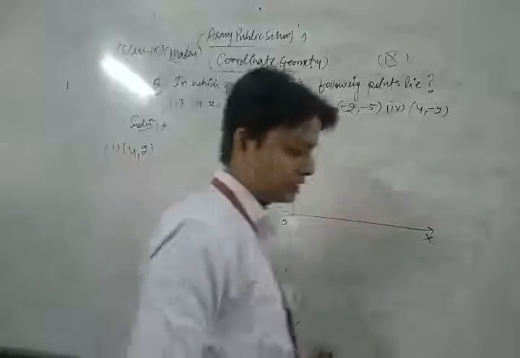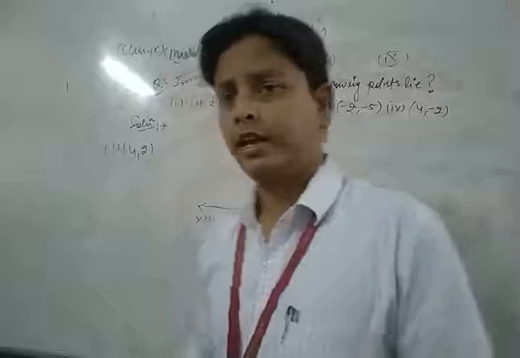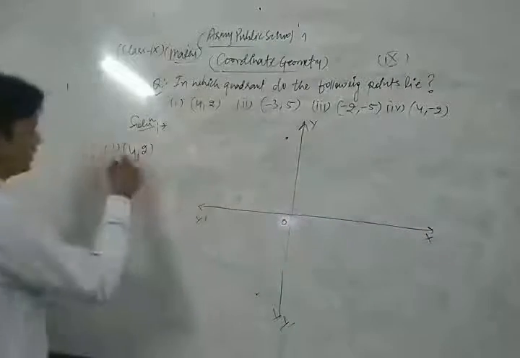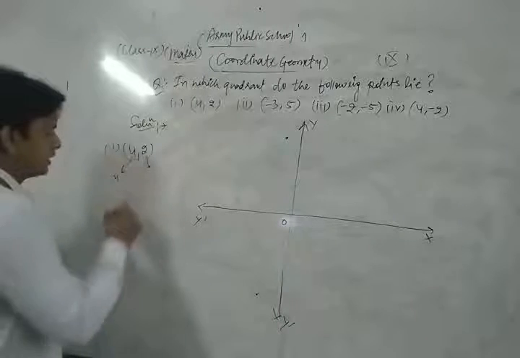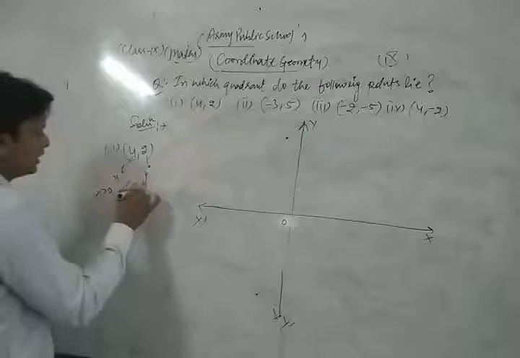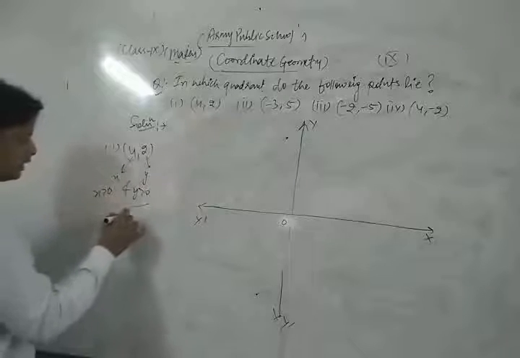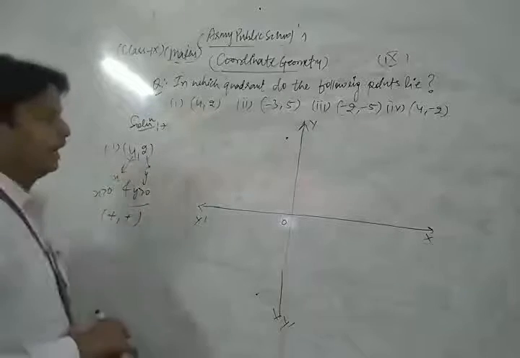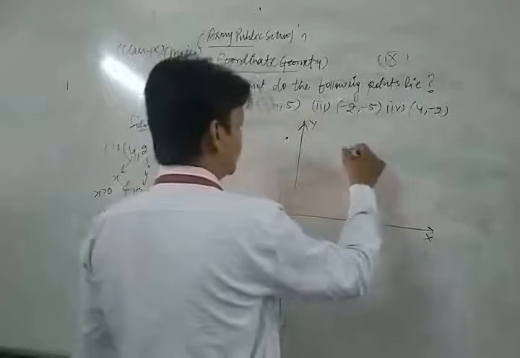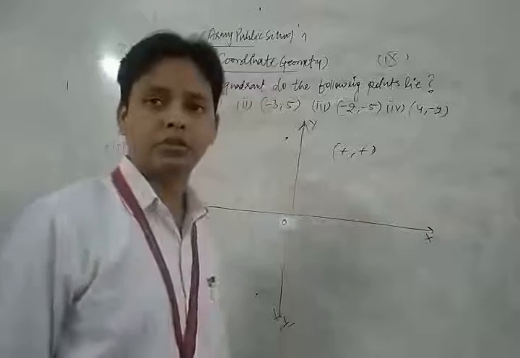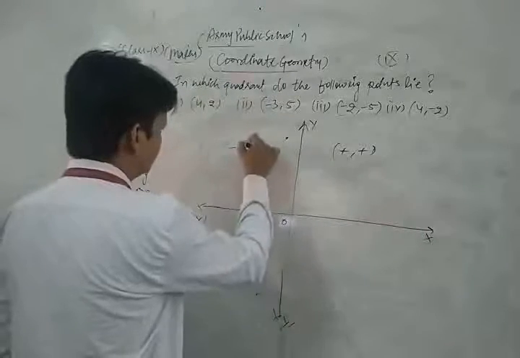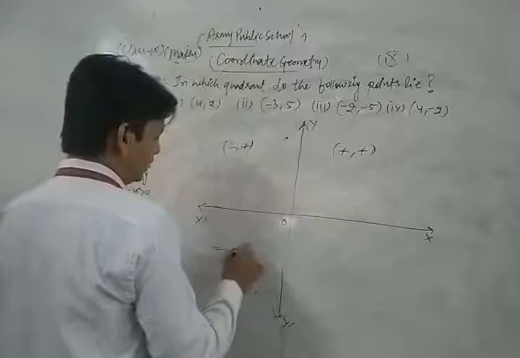In the first part of this question, this is represented as abscissa x and this is represented as ordinate y. x is greater than 0 and also y is greater than 0, which means both are positive. We discussed that in the first quadrant, both the abscissa and ordinate are positive. In the second quadrant, abscissa is negative but ordinate is positive. In the third, both are negative.